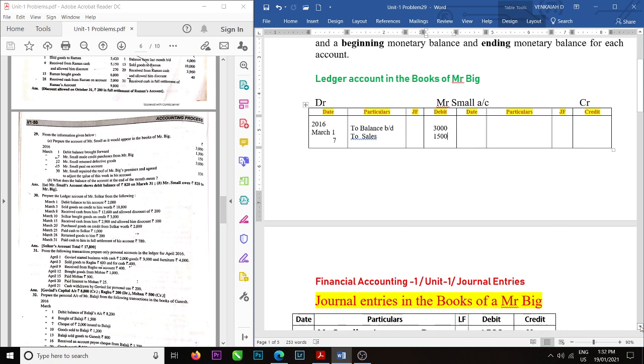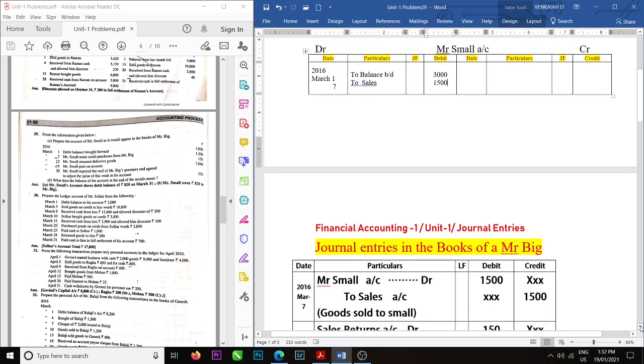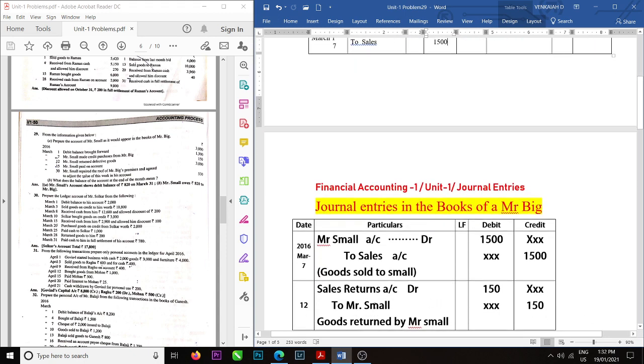So entry is sales returns account debit to Mr. Small account. Mr. Small account is showing credit. Opposite name is sales returns. So from the credit side, we have to write the opposite name.